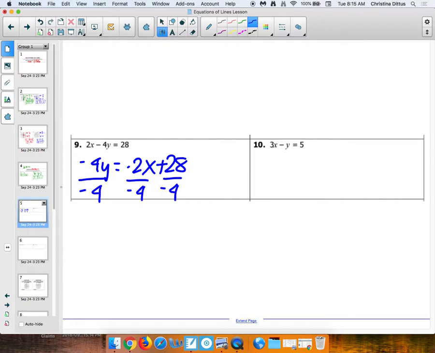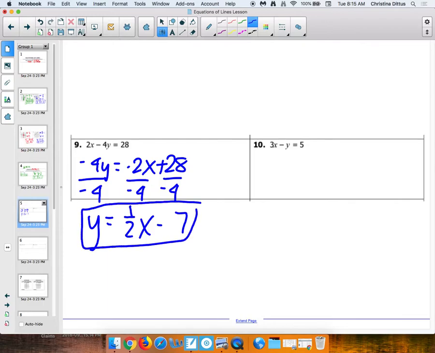So I get what? y equals a positive, because negative divided by negative is a positive. And then 2 divided by 4 is a half. Nice job, Caleb. So half x. And then what? Close. -7.